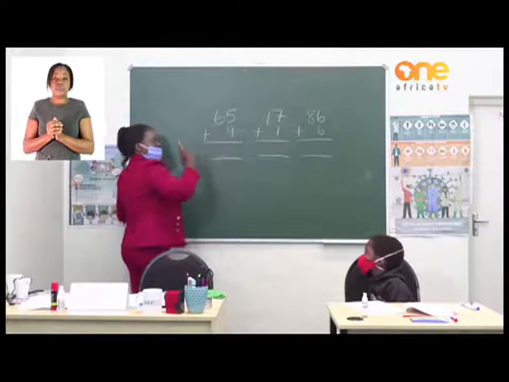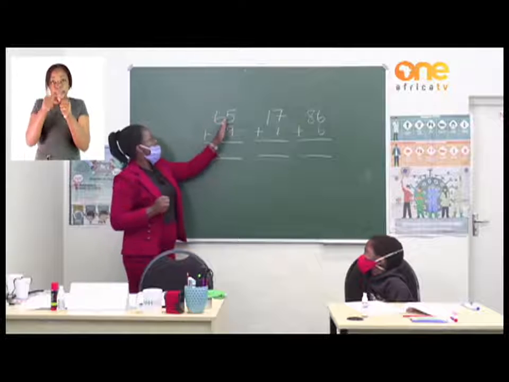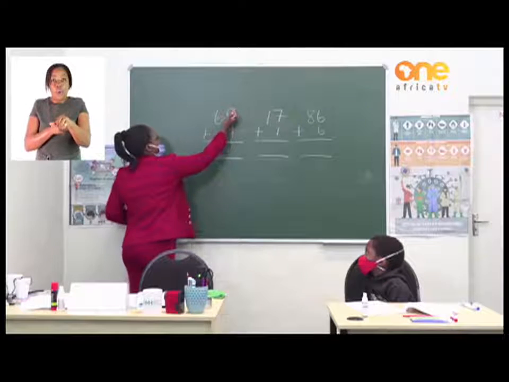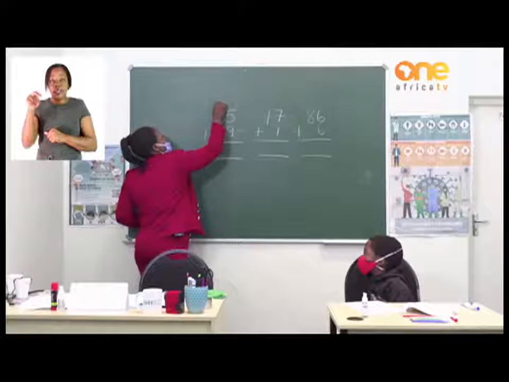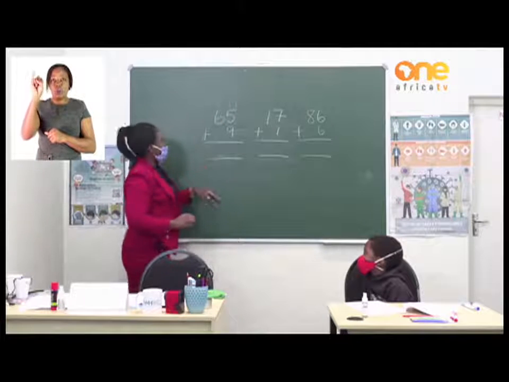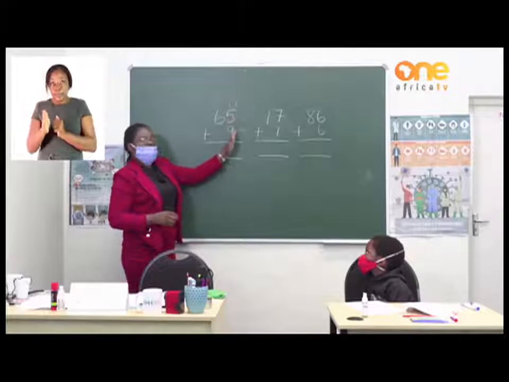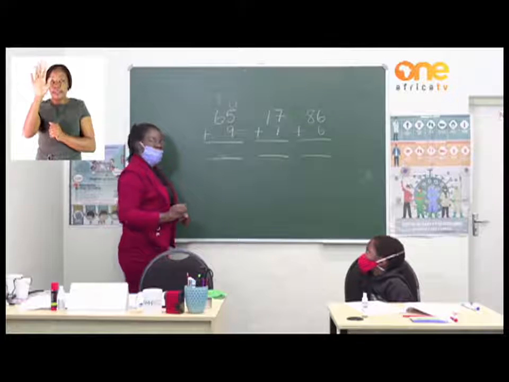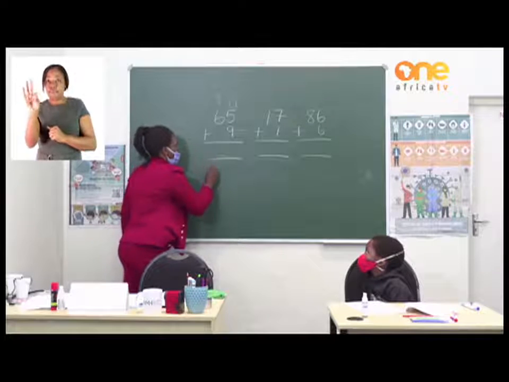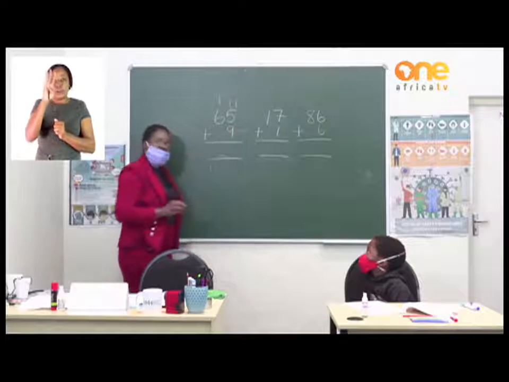Please follow with me while you are doing it with your own objects that you have at home. Remember, whenever we are adding or minusing, we have to start on our right side. Remember the place values? These are the units and those are the tens. So we have to start with the units first. So 5 plus 9, what will the answer be? I'm going to use the sticks on the chalkboard. Follow with me. 1, 2, 3, 4, 5. That's a 5.